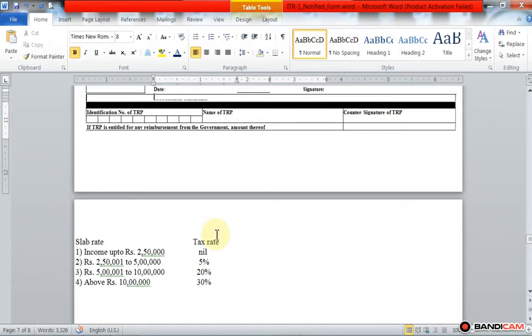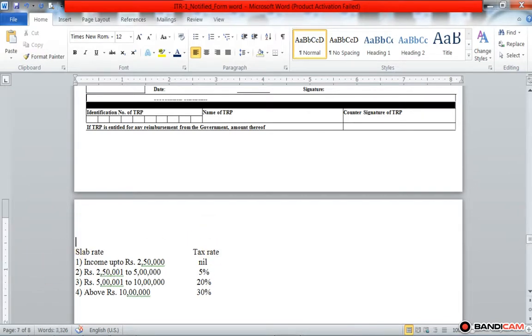So here, first slab and the total income of the assessee, that is 2,79,100. Now we compute the tax.